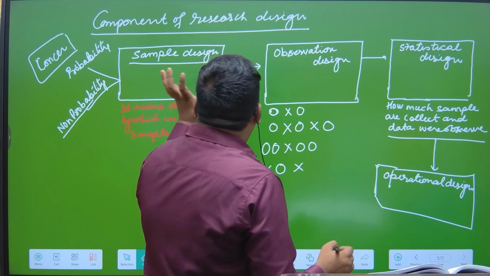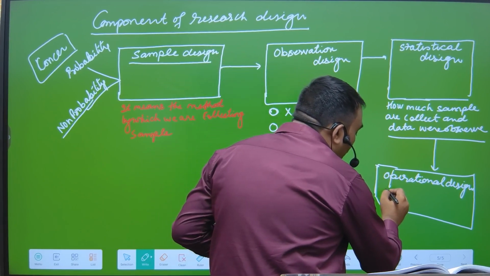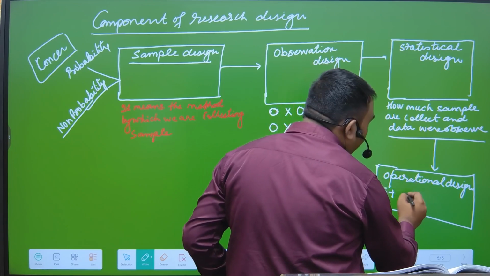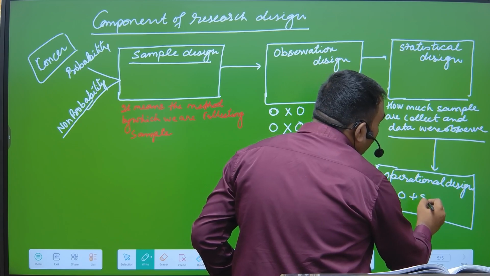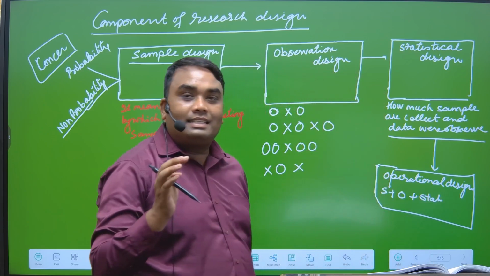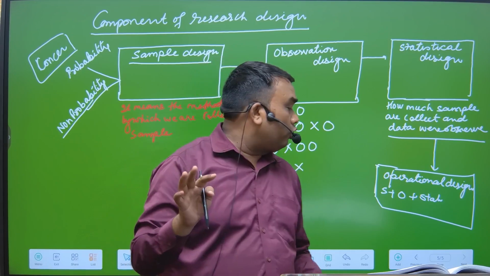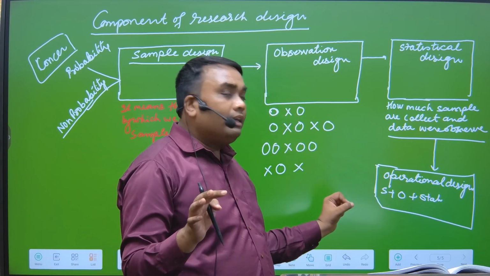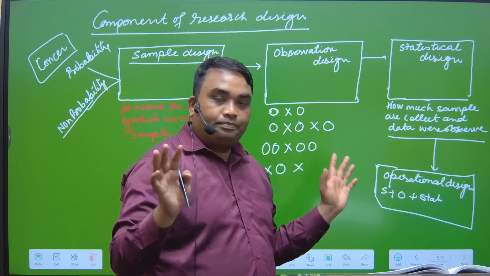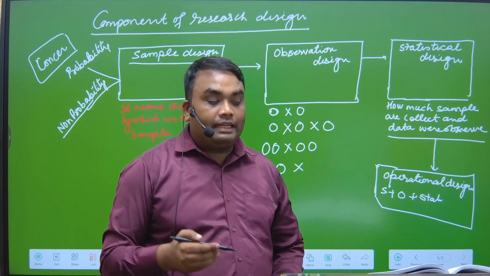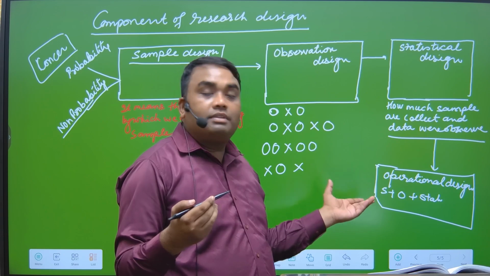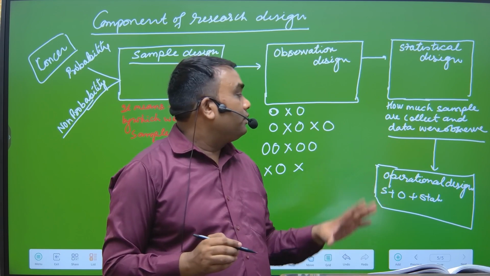Operational design means basically how to collect the sample, plus how to observe, plus how to collect statistics. So it means operational design is just a composition of sampling plus observation plus statistical design. So it means it is a technique of carrying out the samples, our observations and the statistical procedure.